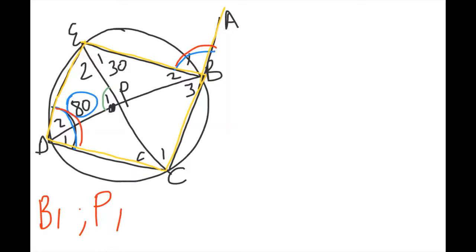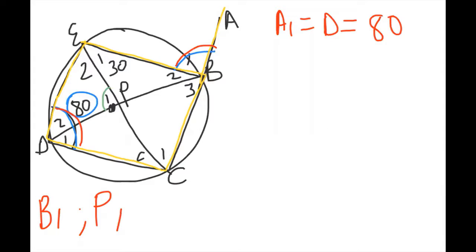So we can actually just say A1 equals the whole of D, which is 80 degrees. The reason we can say this is the outside angle of a quadrilateral equals the opposite inside angle.